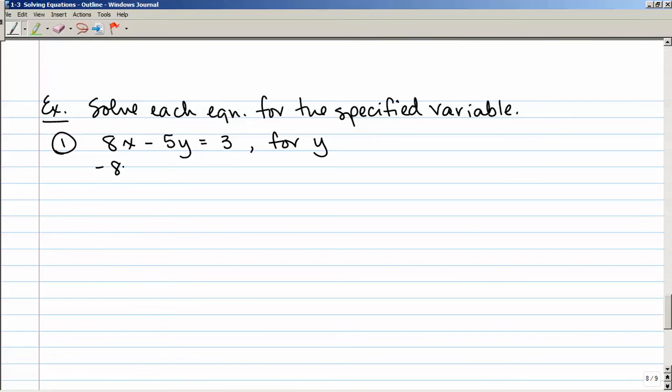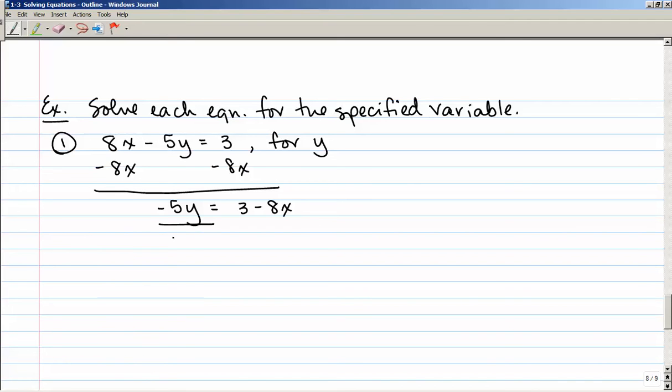To do that, I'm going to start by subtracting 8x on both sides. And I'm not really solving. I'm not going to get y equals 6 or y equals negative 3. I just need to have a y on one side all by itself. 3 minus 8x, or you could write that as negative 8x plus 3.